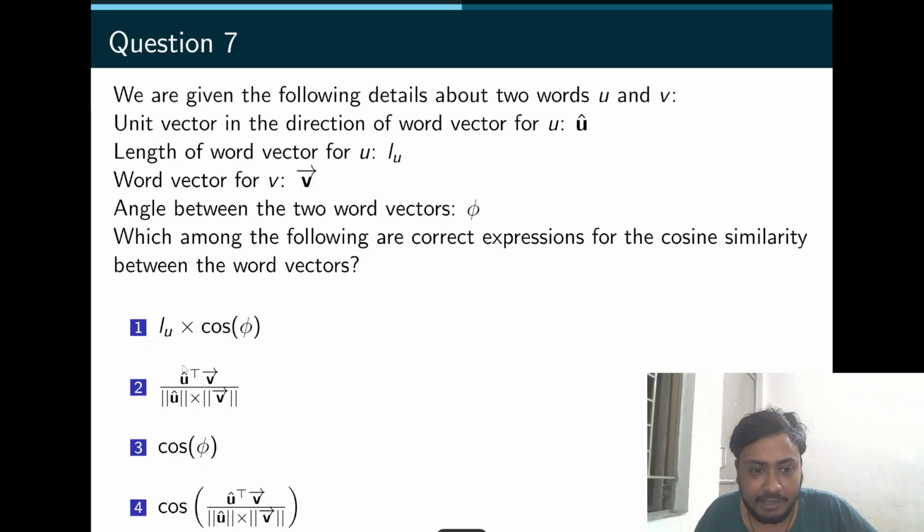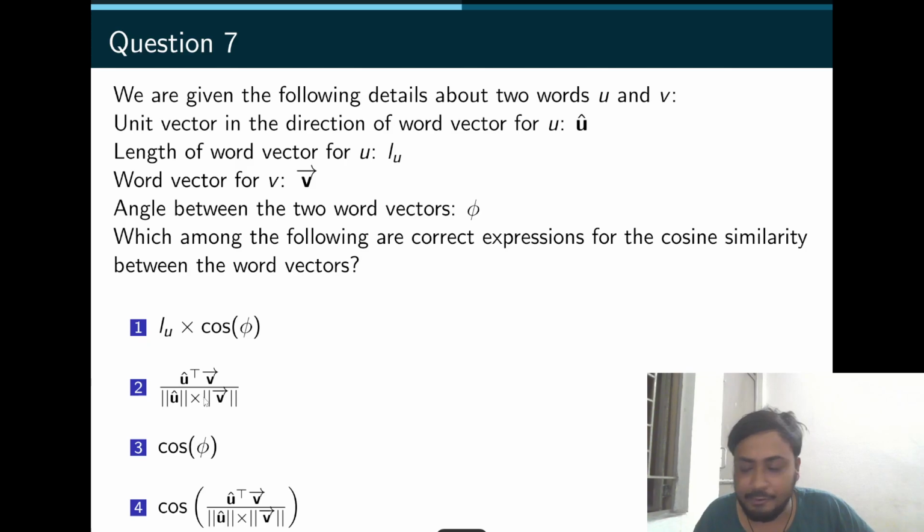So in the second, you are doing the dot product. Actually, this is the dot product between these two vectors, the unit vector in u's direction and this v vector, and then you are taking cos of that value.